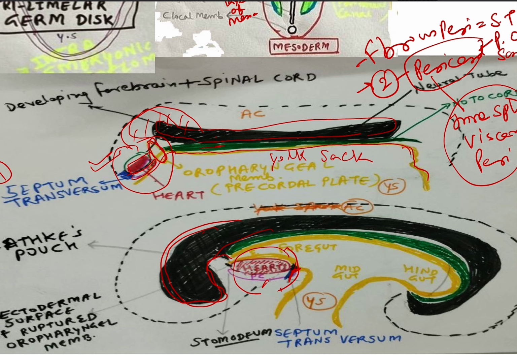If you look at this diagram very carefully, you can understand that during this head folding, the endoderm starts folding upon itself. I have explained this in lateral folding as well, and this endoderm will form the foregut. This is our buccopharyngeal membrane, and this endoderm not only goes posteriorly and forms the foregut, but also starts separating from this yolk sac.